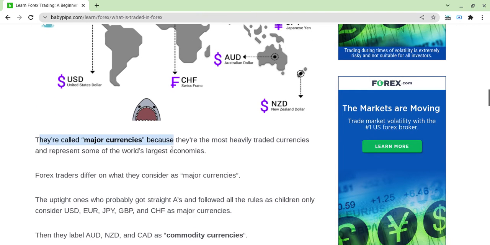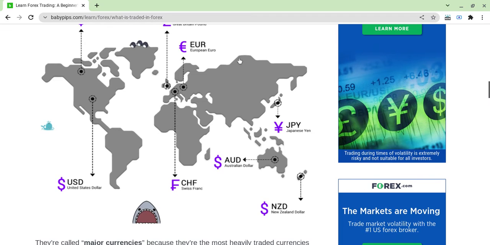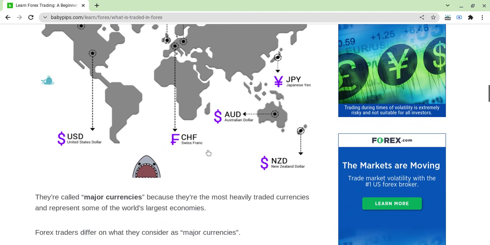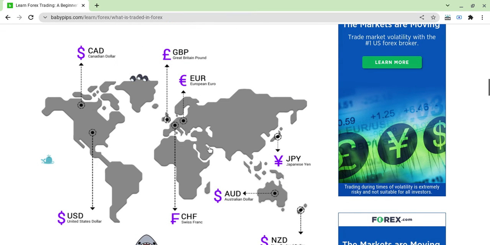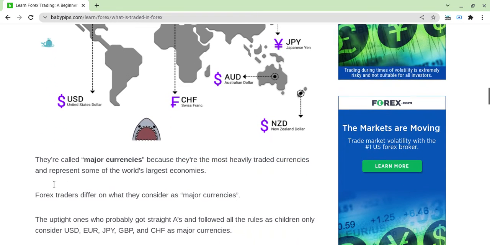These are called the major currencies. So when you hear people talk about the major currencies, these are the ones they're referring to usually. And that's because they are the most heavily traded currencies. We call that liquidity. There's more liquidity in here, more opportunities, more money flowing in and out. And they represent some of the world's largest economies.